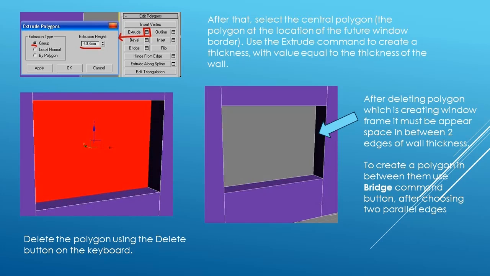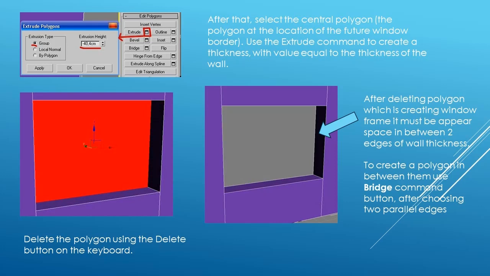Delete the polygon using the Delete button on the keyboard. After that, select the central polygon, the polygon at the location of the future window border. Use the Extrude command to create a thickness with a value equal to the thickness of the wall.